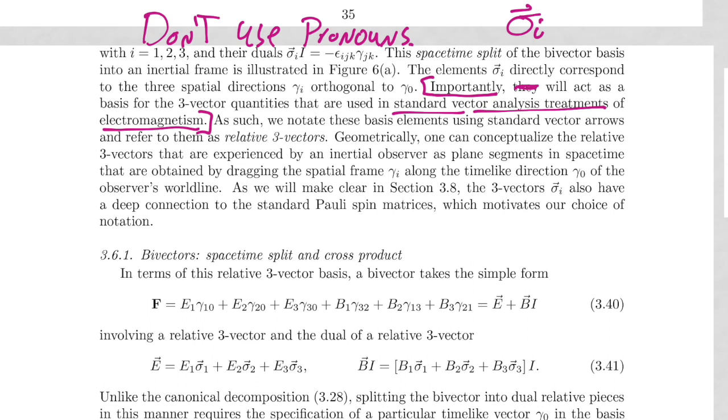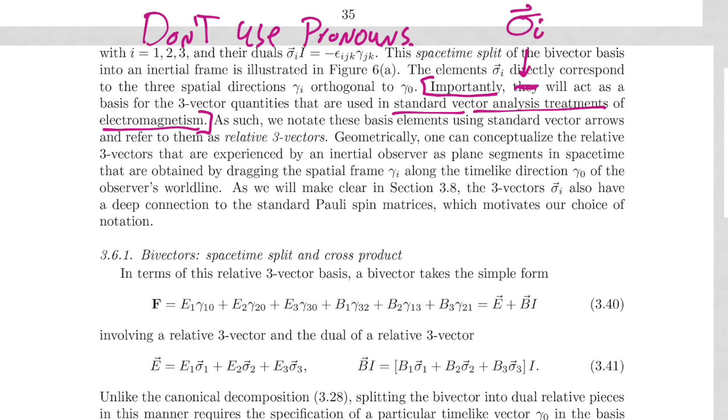I've reached a point where, if I have a pronoun in my writing, I just get rid of it. I just find a way to not use pronouns. The easiest way not to use a pronoun is to just put what it is in there. Does that pronoun really save you anything over writing sigma I there? And what the heck is they?